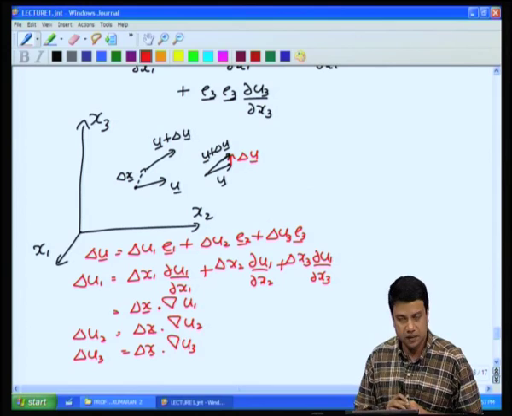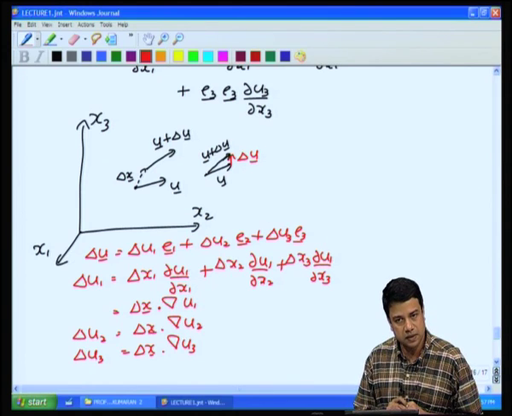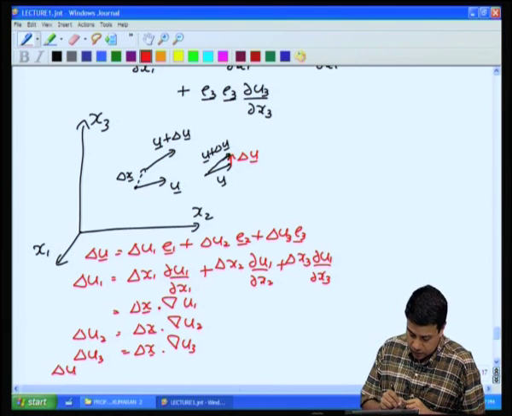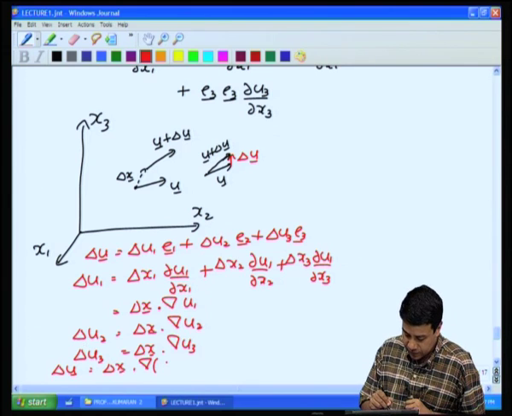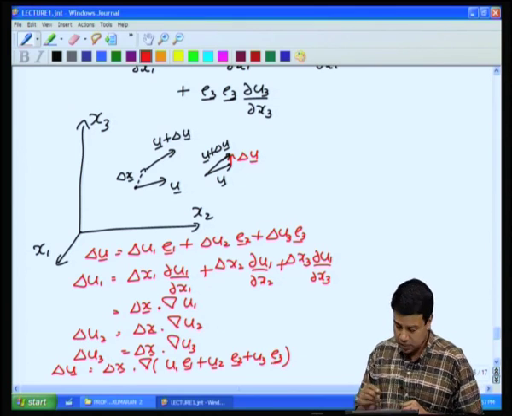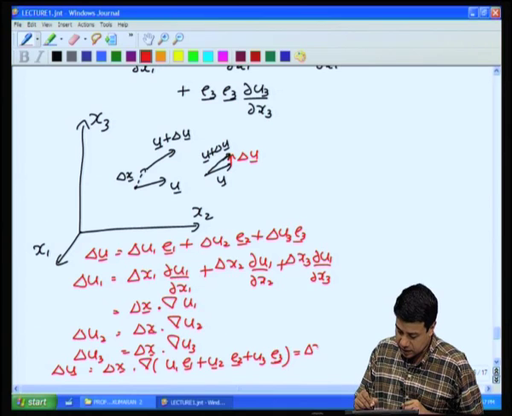Add up all of these, delta u is equal to delta u1 E1 plus delta u2 E2 plus delta u3 E3. So, that means that delta u is equal to delta x dotted with grad of u1 E1 plus u2 E2 plus u3 E3, which is equal to delta x dotted with grad of u.